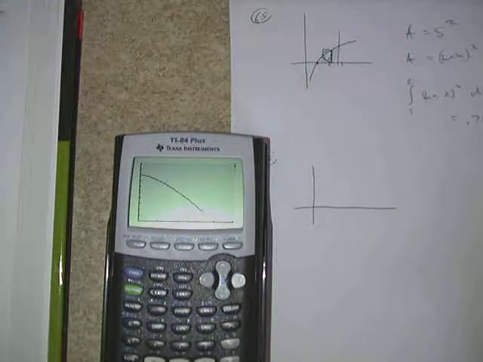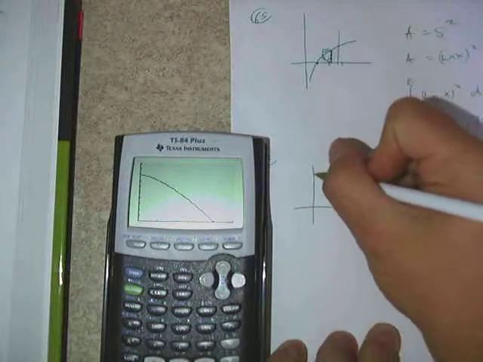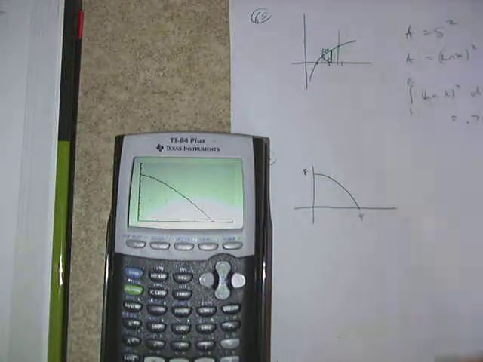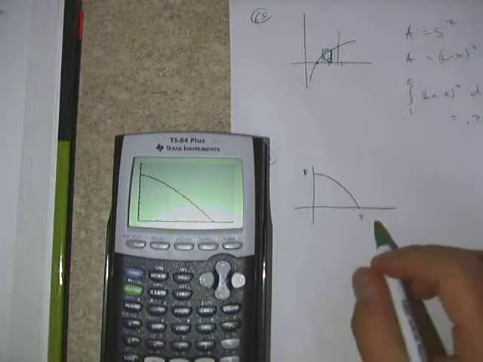66, this time our region is in the first quadrant, bounded by the graph of 8 minus x to the 3 halves. So I would suggest drawing a picture of that, so we know what kind of graph we're dealing with here.